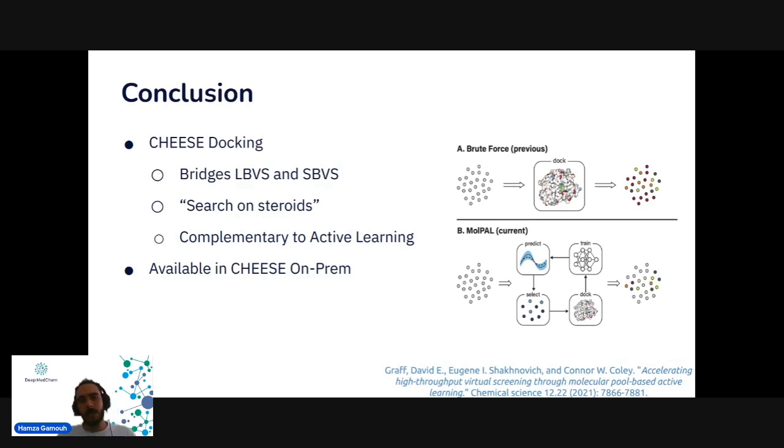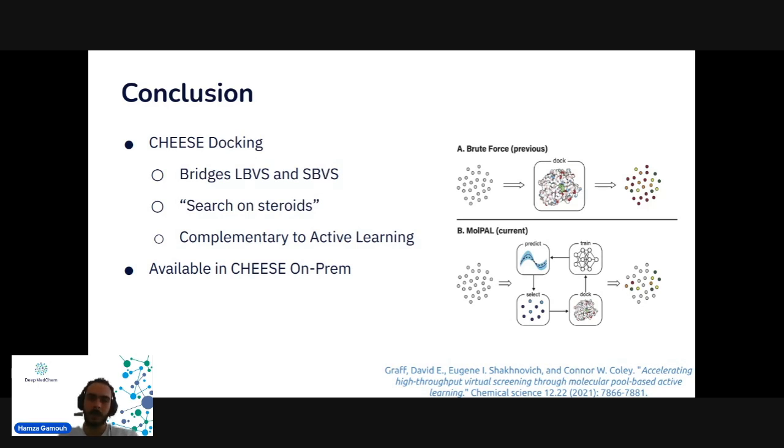It's a tool which is complementary to active learning. There have been some approaches which are doing a similar thing, but by using a machine learning framework. Other active learning approaches are using a machine learning model, which is actively learning which molecules to dock in order to maximize the information about the distribution of docking scores.